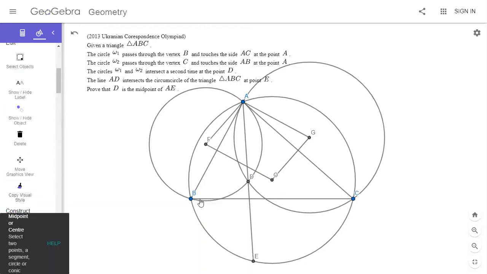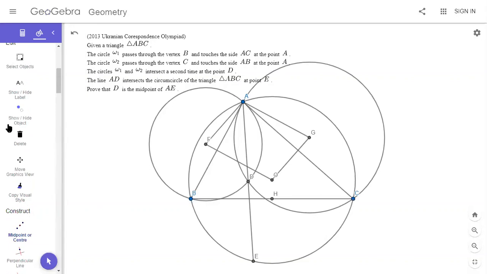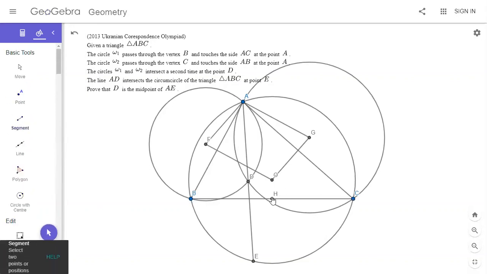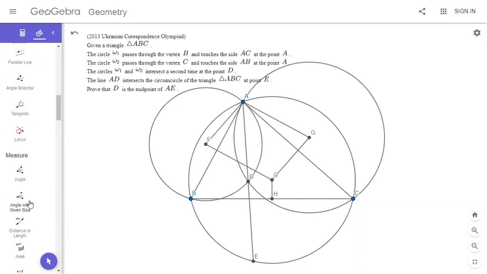Where's my midpoint? Here we go. So let's see if it's the median. It looks like there's a good chance it is. Yes. So we want to show AD is a symmedian.